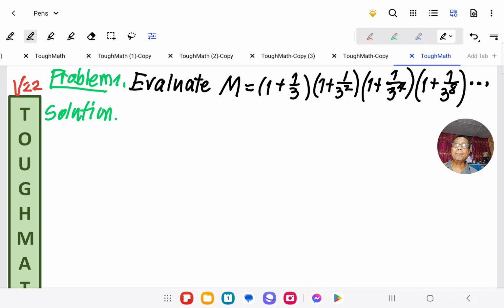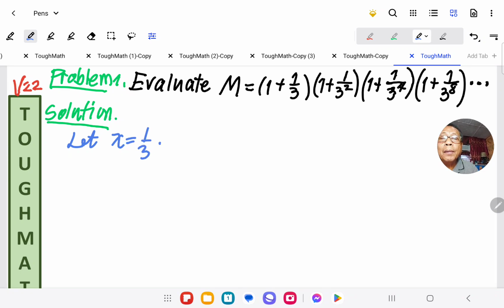So first, for convenience, we let x equal 1/3.